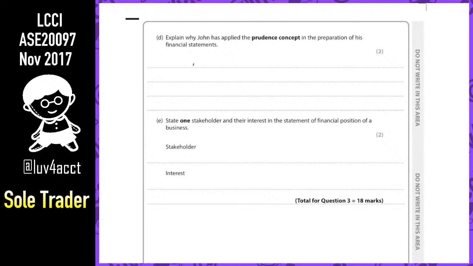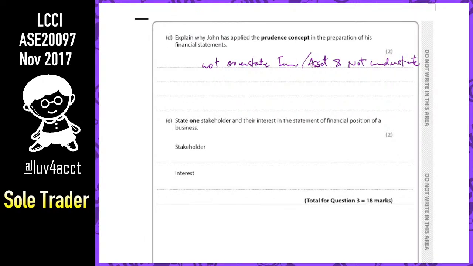Not to overstate income and assets, and not to understate expenses or losses and liabilities.